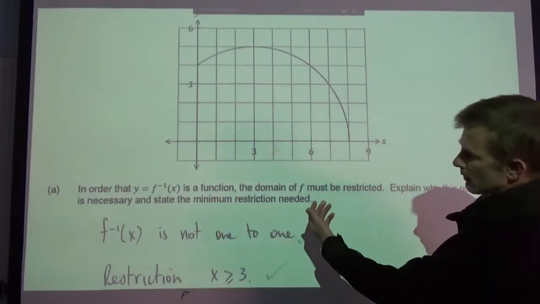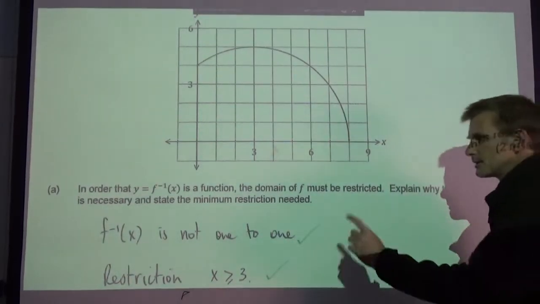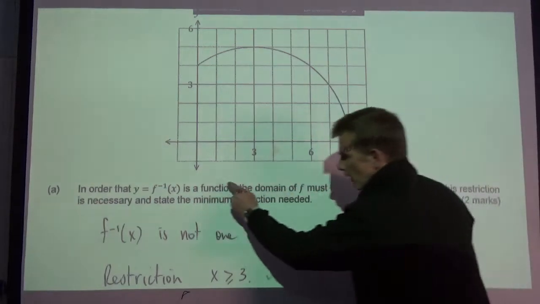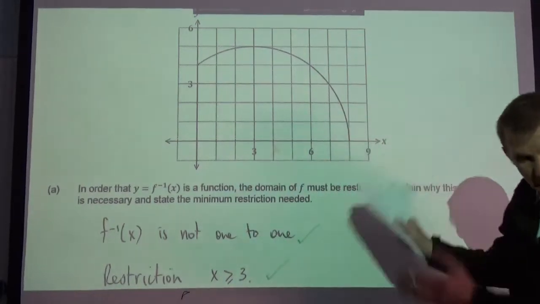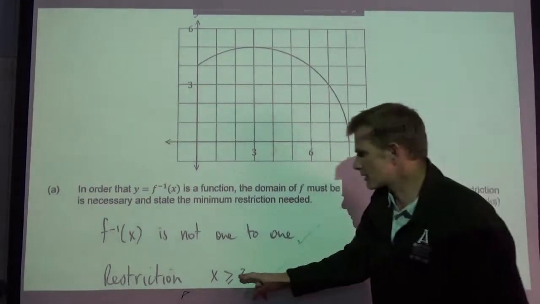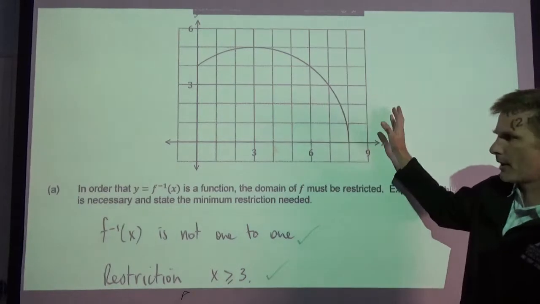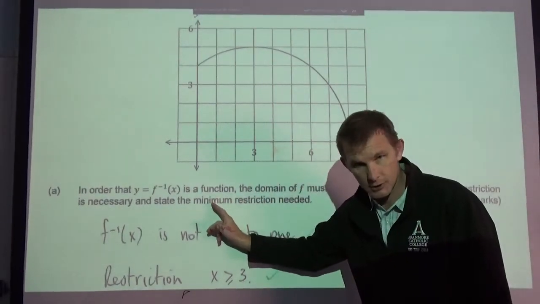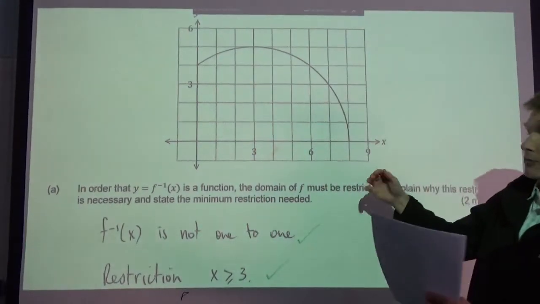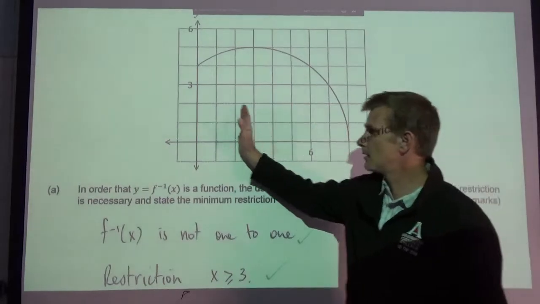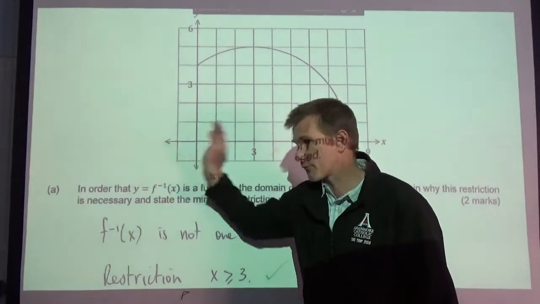Okay? And what have I got here? Well, f to the minus 1 is not 1 to 1. That's why it will not be a function as it stands. But if I restrict it to only values greater than 3, that being the minimum restriction, if it just said make a restriction, you could have said less than 3 as well. Okay, 3 or less.